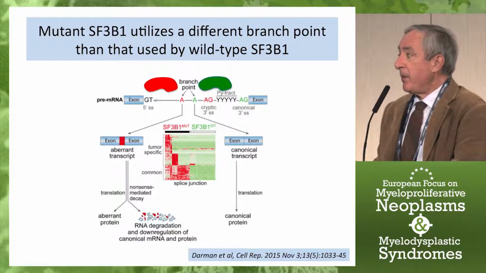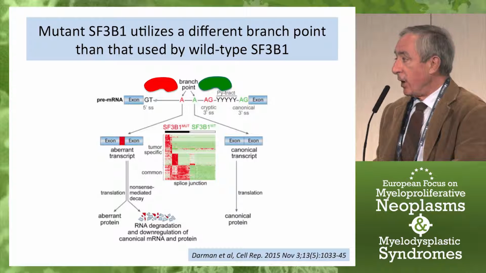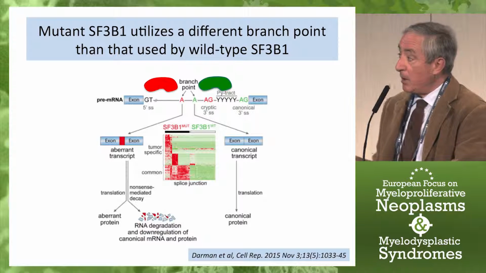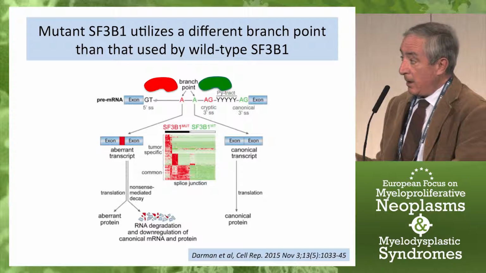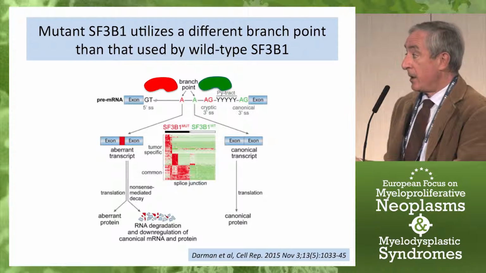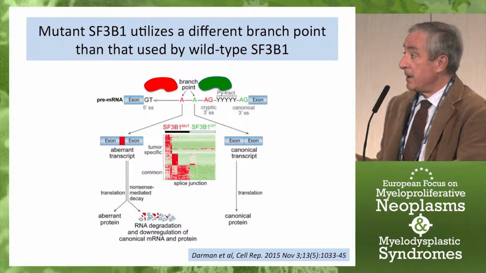Silvia Bonnamici, who is working in Boston for H3 Biomedicine, has shown in a cellular model that clearly the normal SF3B1 splices normally and leads to canonical transcripts and protein.